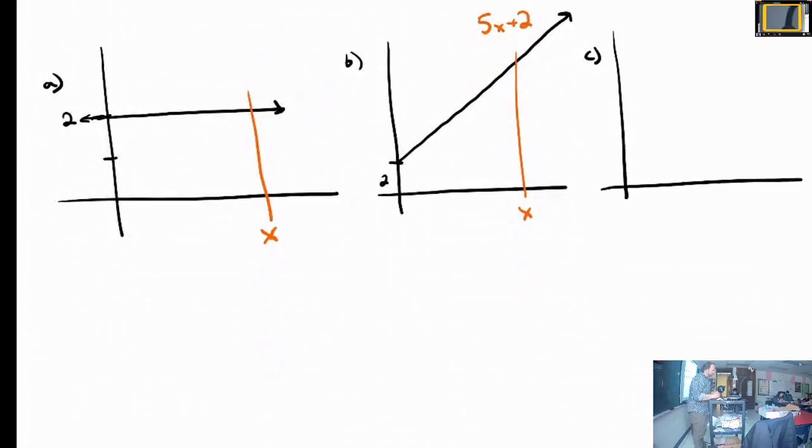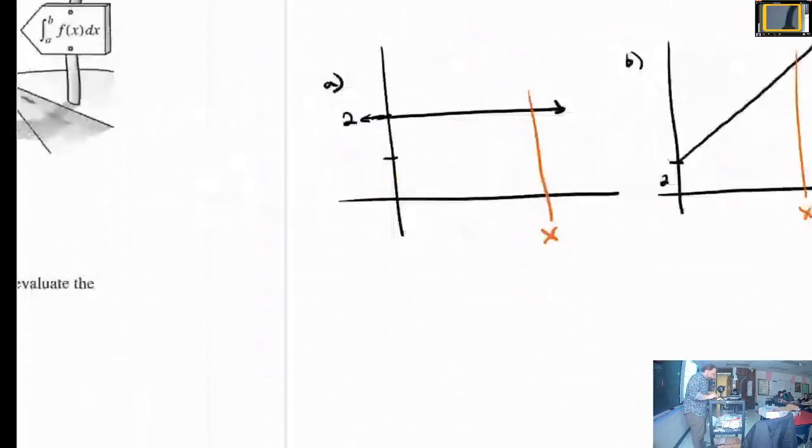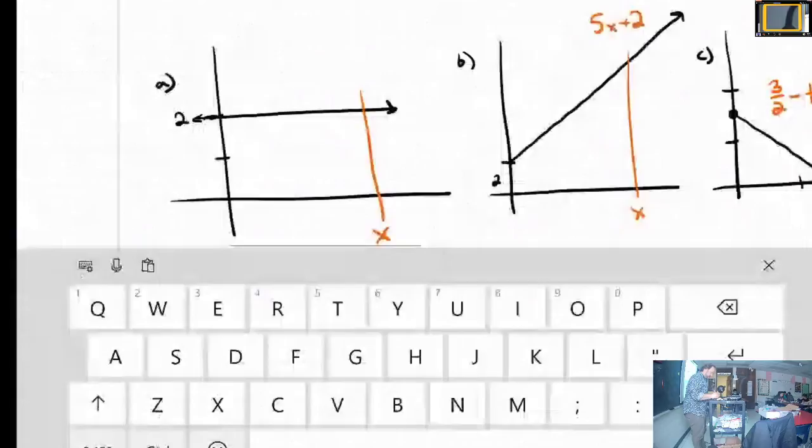And the last one is 3 over 2 minus x, right? 1, 2, there's 3 over 2. 1, 2. So the right one, down 1, right there. I'm just going to make it x.